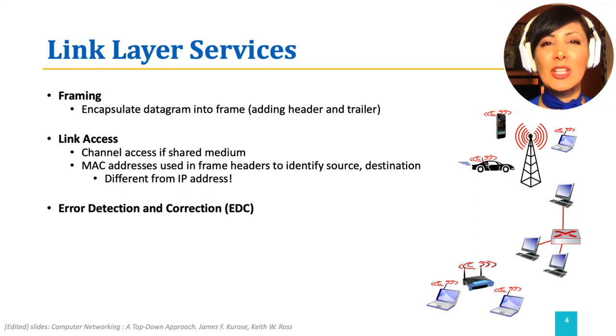Although similar in concept to checksum that we previously learned about, error detection and correction in the link layer is usually more detailed. Sometimes, with use of additional information, correction mechanisms are also applied.